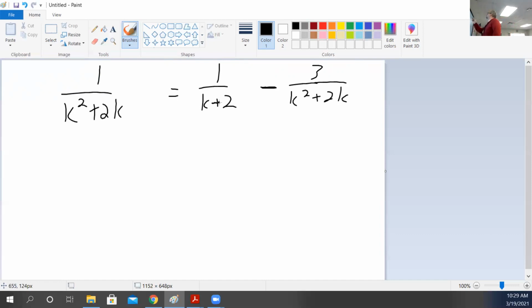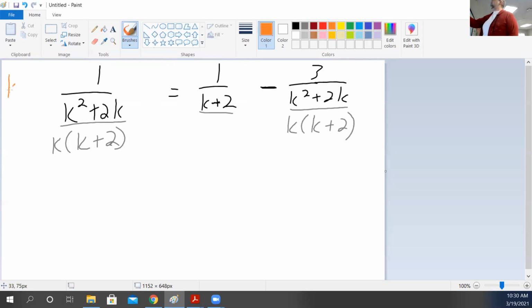All right, so we could pull out GCFs. So between these two terms, k will pull out of both, giving k times k plus 2. It looks like the common denominator to utilize is k times k plus 2. So multiply everything times k times k plus 2.